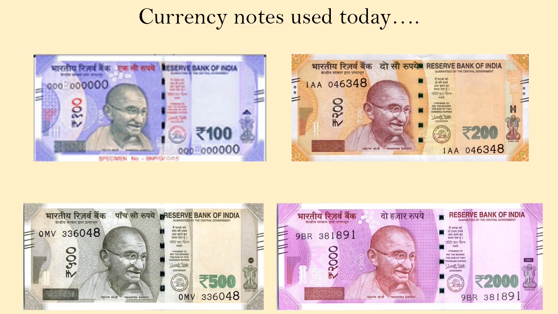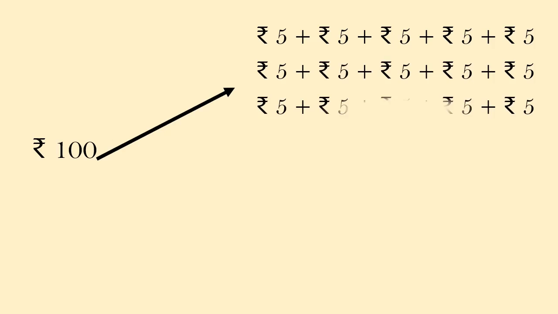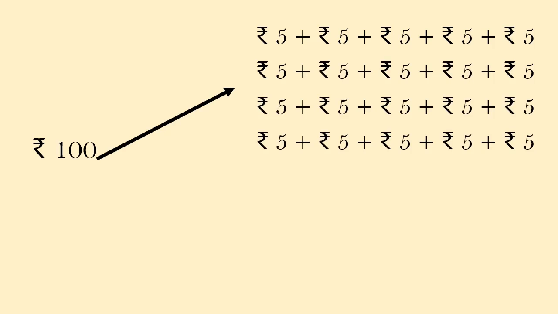Now, if you want notes of a lower denomination, that means lower value, what would you do? Let's say you have 100 rupees and you need change for it. If you went in for 5 rupee notes or coins, you would get 20 5 rupee notes or coins.